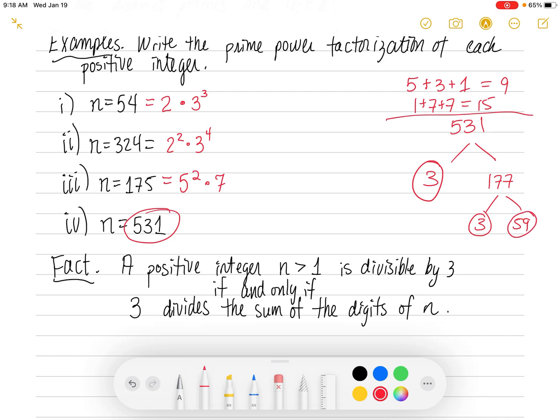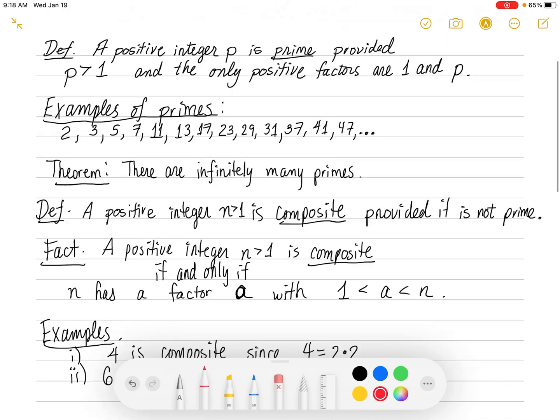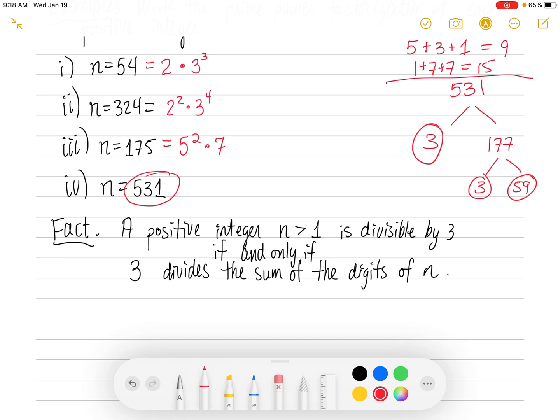That is indeed a prime. I don't think I had it in my list of primes. I only went up to 47, but yes, it's a prime. So 531 is going to factor into 3 times 3 times 59, or 3 squared times 59.